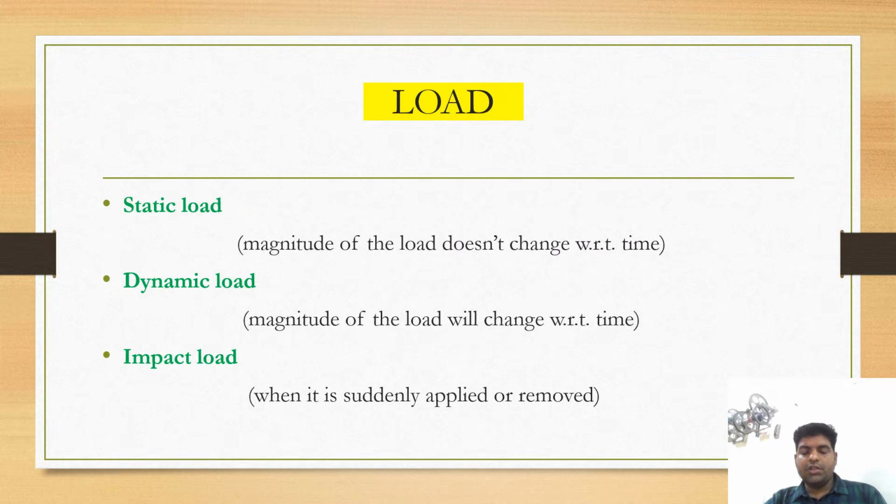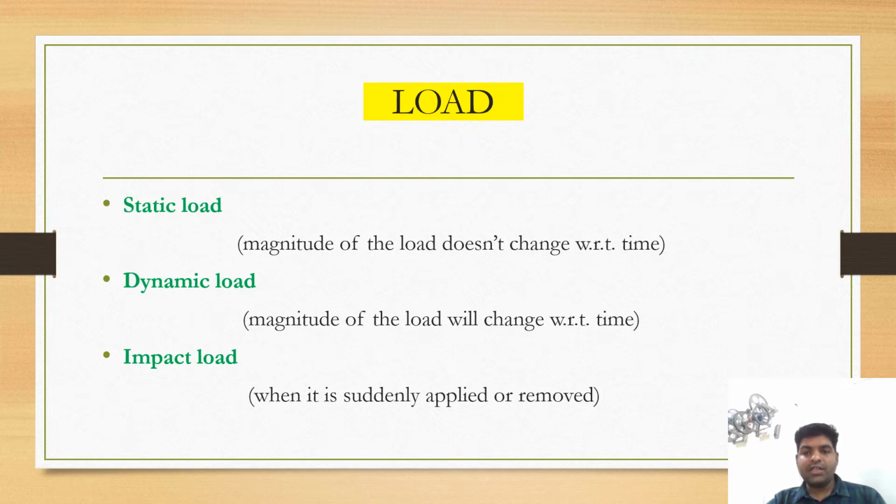Load. Basically, there are three types of load used in our day-to-day lives: static load, dynamic load, and impact load. In static load, the magnitude of the load does not change with respect to time, and in dynamic load, the magnitude of the load changes with respect to time.